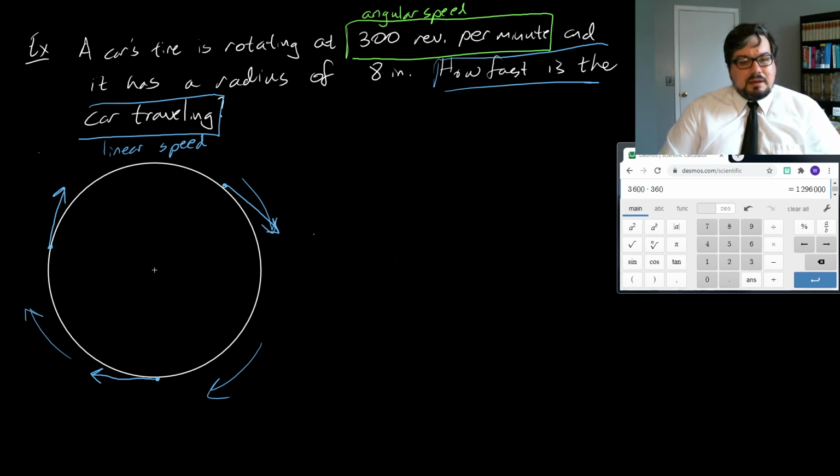Well, now we want to know how fast the car is traveling. So we want to know what the linear speed of this car is. So let's work sort of backwards on this one. We want to know the linear speed of the car.